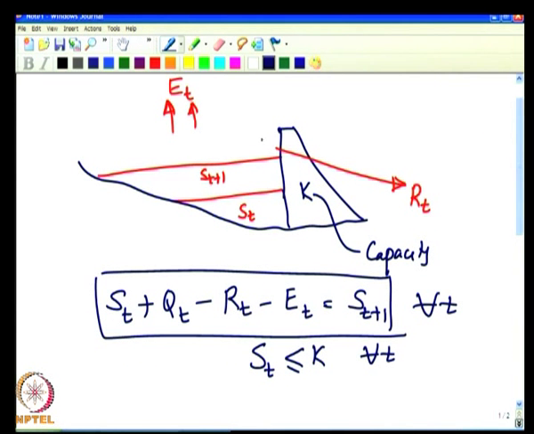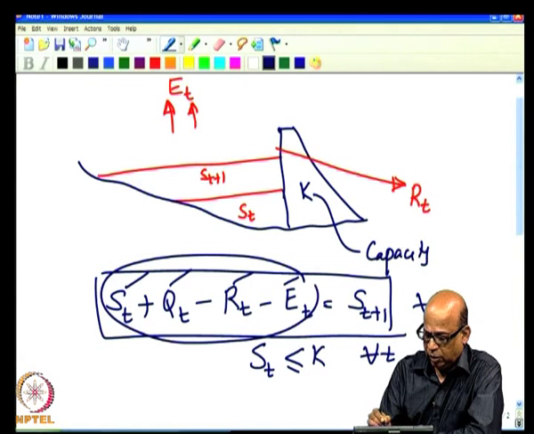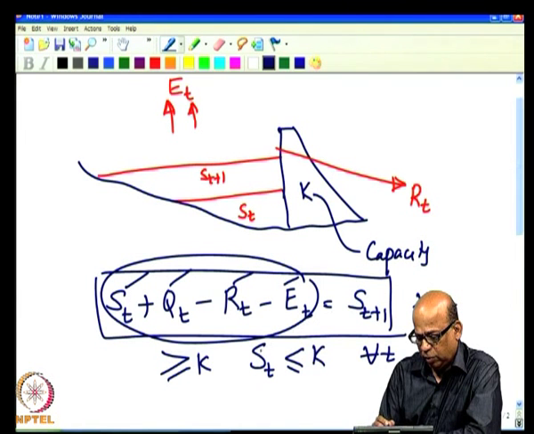Now, how does the linear programming problem know that it has to accommodate the additional water? Let us say that your Qt is so large that your initial storage plus Qt is such that this term, St plus Qt minus Rt minus Et, the end of the period storage, is greater than or equal to K. Then you are saying that St plus 1 must be less than or equal to K, because you are writing this for all t.